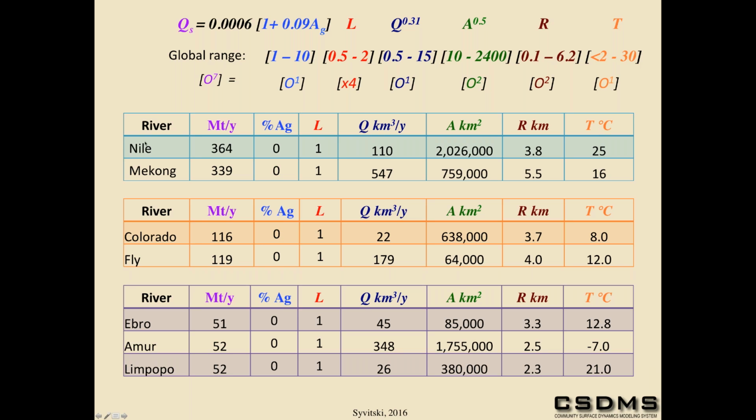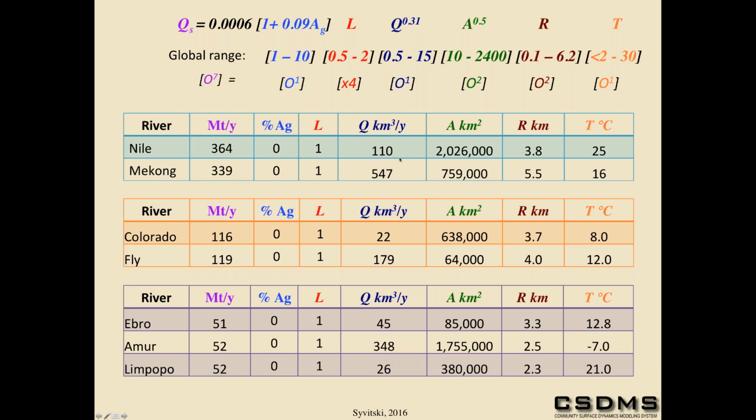So I picked a couple of river systems that I knew had very similar loads, and the Bogart equation really nailed them in terms of predictions. So they're good rivers to indicate that even with different characteristics, you can have the same sediment load show up. So for instance, the Nile, a very dry, desert-oriented river, and the Mekong have the same load.